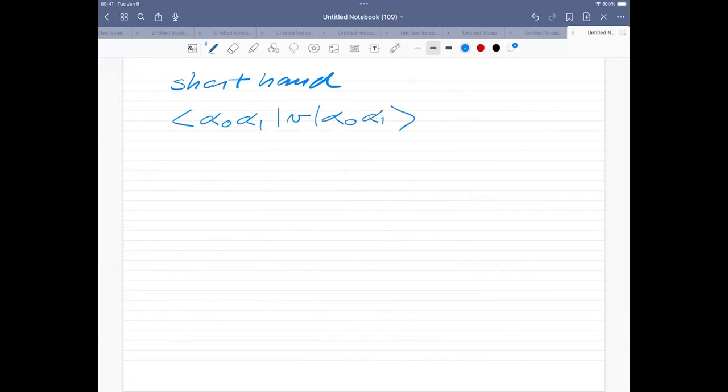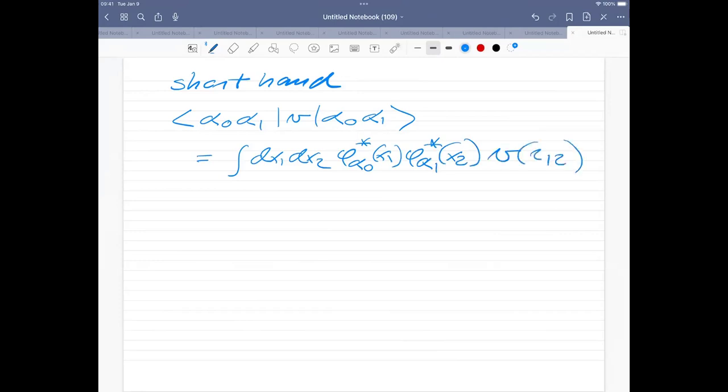This is an integral, and that integral is simply given by dx1 dx2, and then I have φα0(x1) φα1(x2), and an interaction which is assumed to depend only on the relative distance, multiplied with φα0(x1) φα1(x2). So this is a kind of shorthand which we will use again and again.